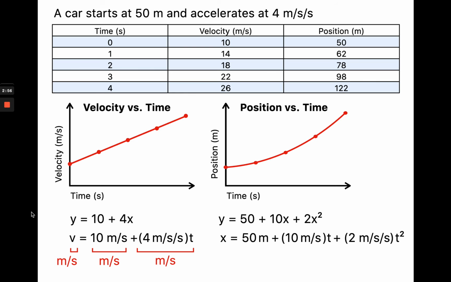So that's the velocity equation. The velocity equation is all in meters per second. The position equation is all in meters. So for that to be true, this has to be meters, and this has to be meters per second. This has to be meters per second. So ultimately, everything works out to meters.